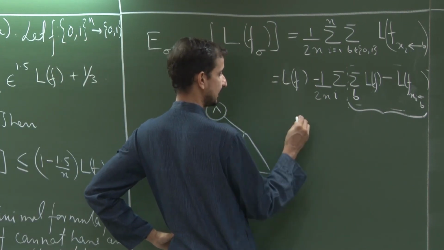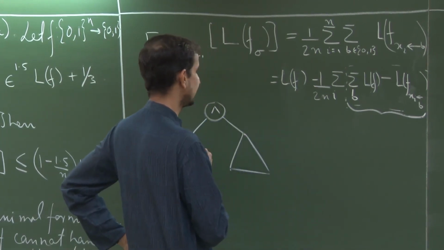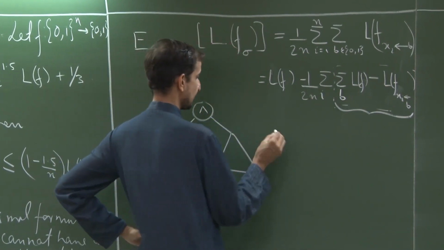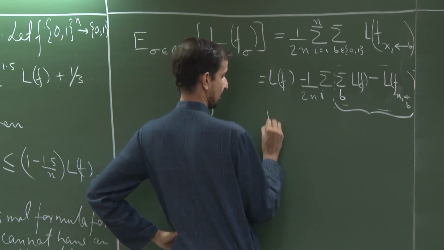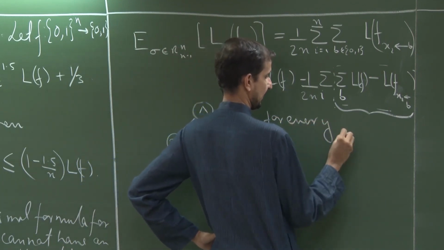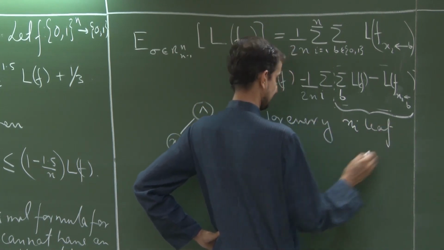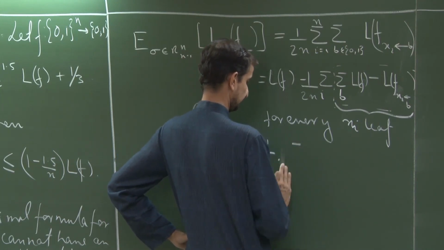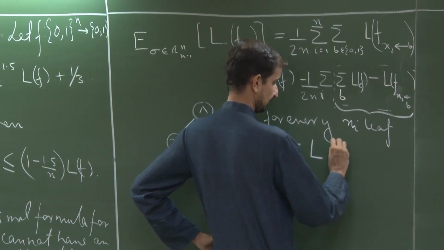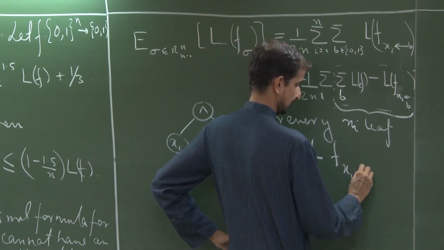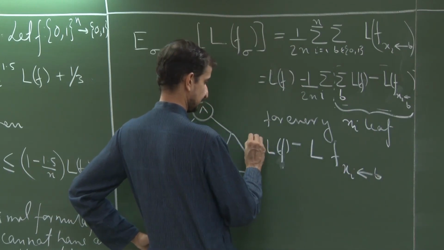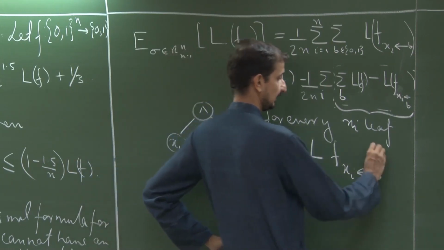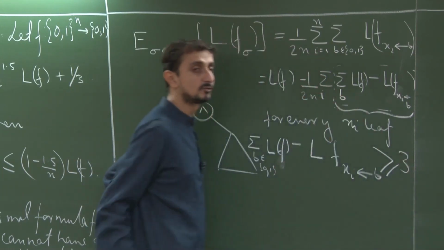So, here what this is saying is that if we have a structure like this, then for every xi leaf, L of f minus L of f with xi getting a value b, and if I sum this over b belonging to {0, 1}, this is at least equal to 3.